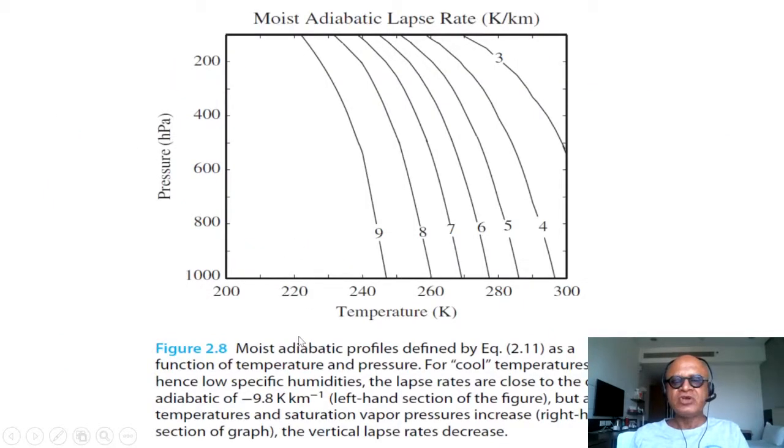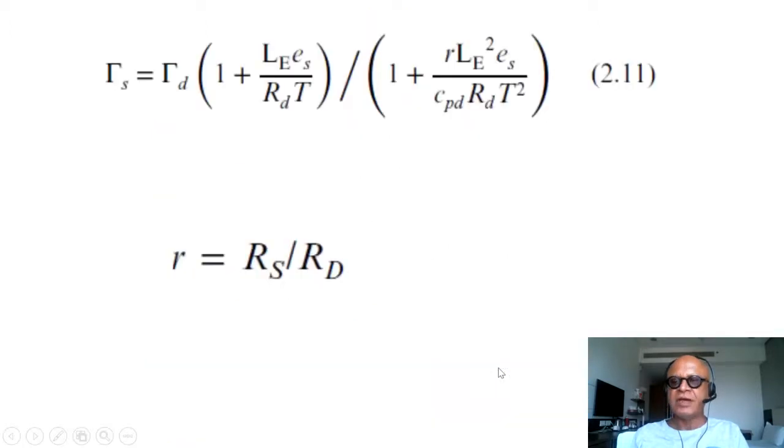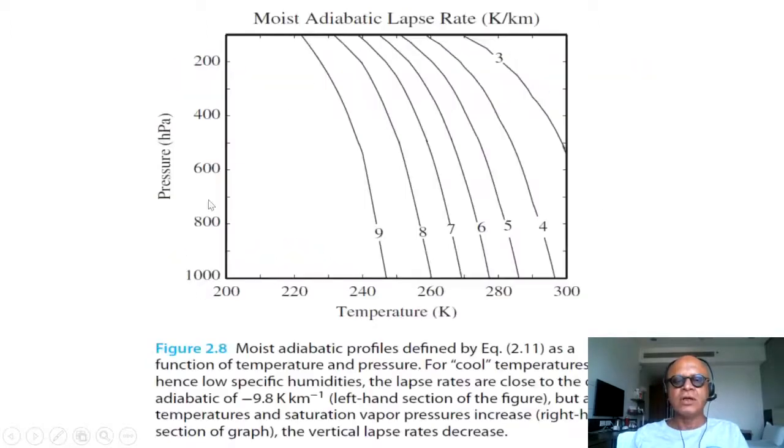So here are the moist adiabatic profiles defined by this equation, looking at various temperatures and the rates of the drop. What do you expect? You go from high pressure at the surface to low pressure towards the top of the atmosphere, and when you have colder temperatures, the moisture is going to be very low, so the lapse rate is going to be closer to the dry adiabatic lapse rate because the air is almost dry.